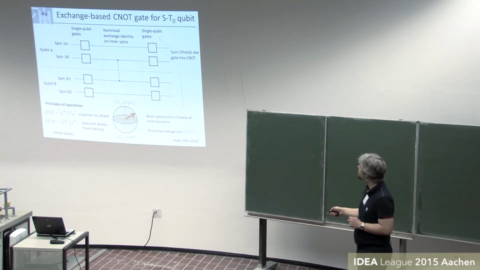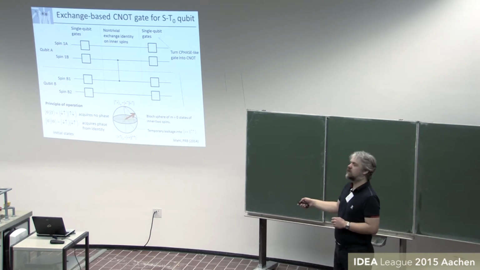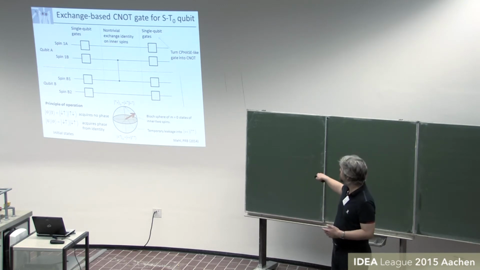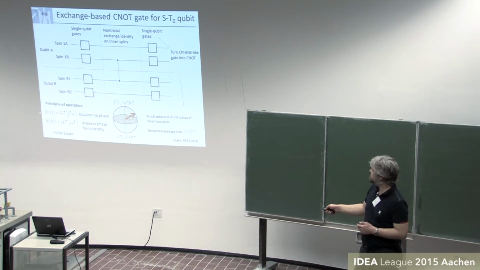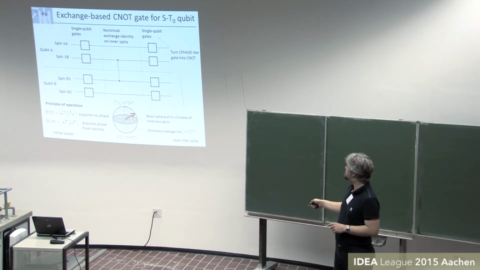I'll tell you why. Because you go around here, you accumulate a phase shift just from the energy associated with this evolution. On the other hand, if you had a different initial state, like this one, so down, up in one qubit and up, down in the other, that means the inner two spins are in a T plus state, so both up, then nothing happens here, and you don't accumulate this phase.